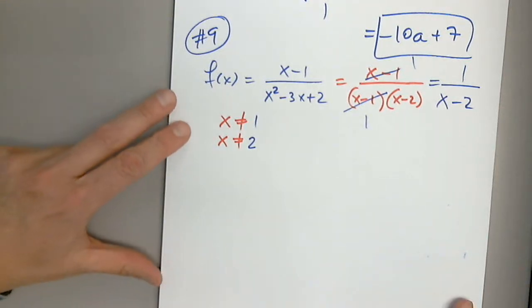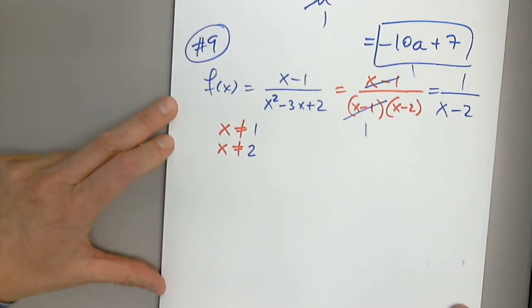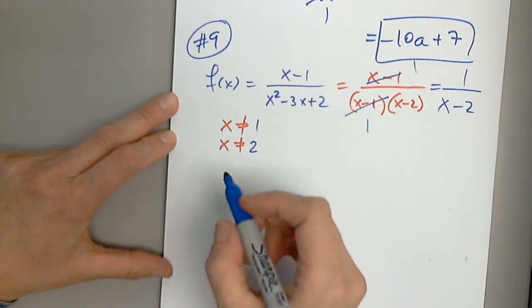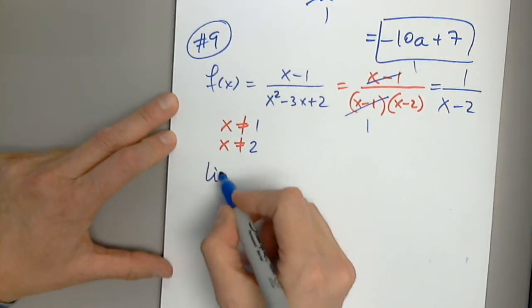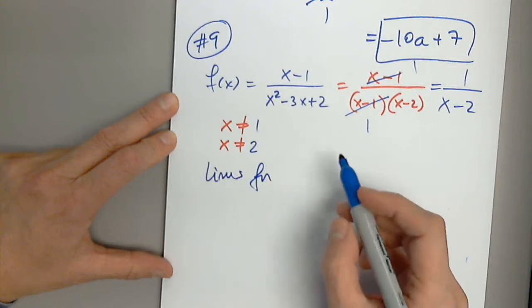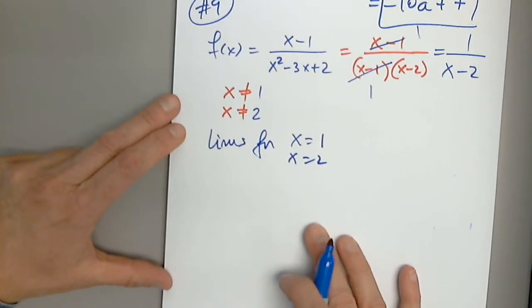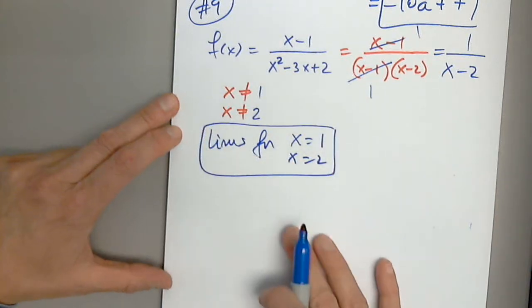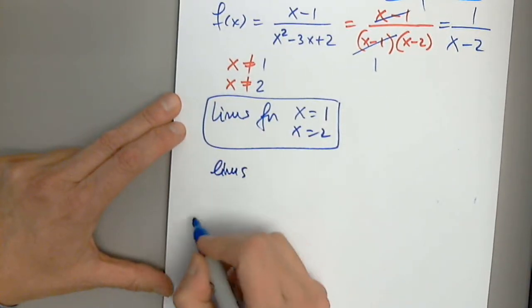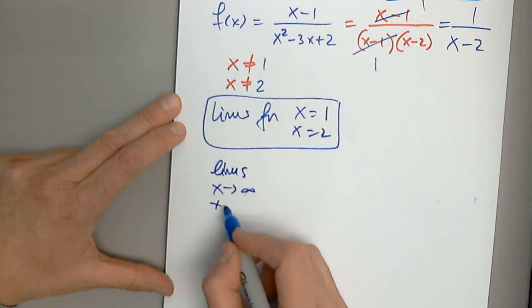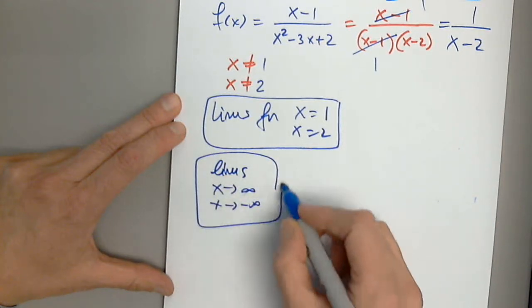So now I cannot draw any conclusions at this point, but I know that I have to present limits for x equals 1, x equals 2, left and right. This is my next step. And I also have to find the limits when x approaches infinity and when x approaches negative infinity.